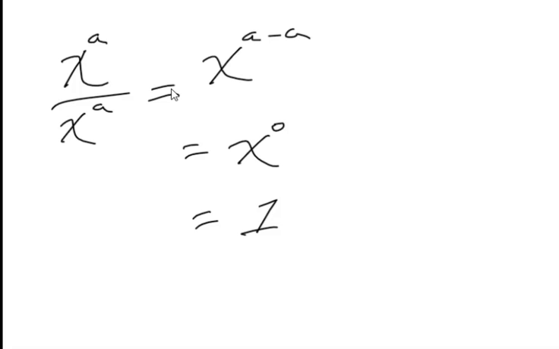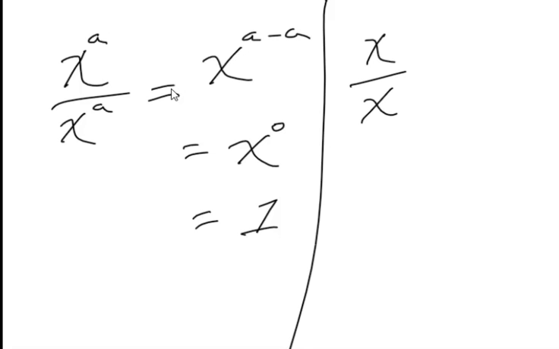Well, remember, let's go back to our basic principles. Let me create a little division here. Take x divided by x. You should know that anything divided by itself will always equal 1, such as 2 divided by 2 equals 1.